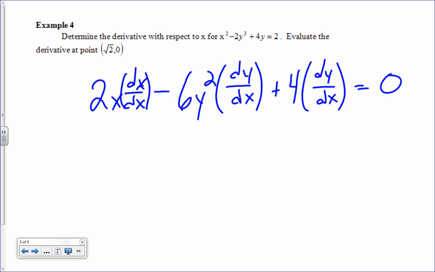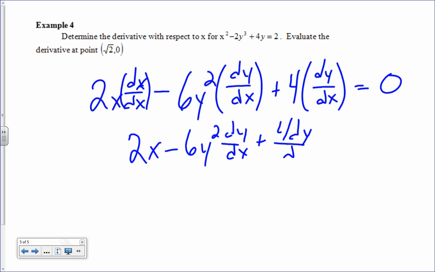So what we really got is we got 2x minus this stuff plus that stuff equaling 0, right?